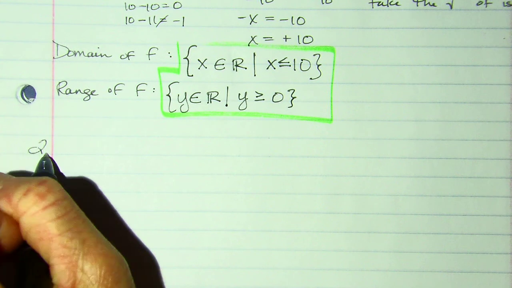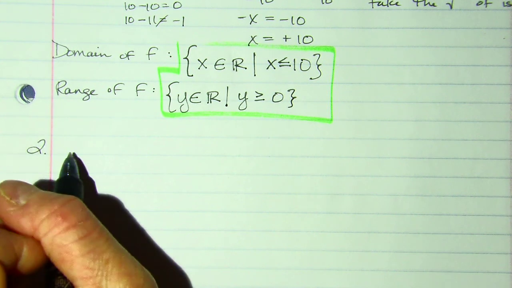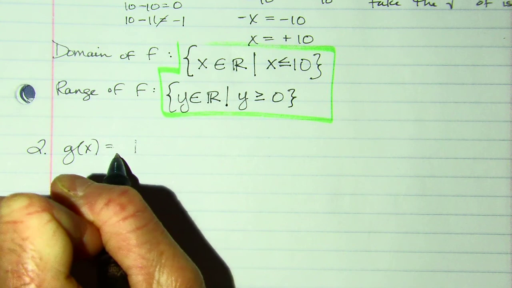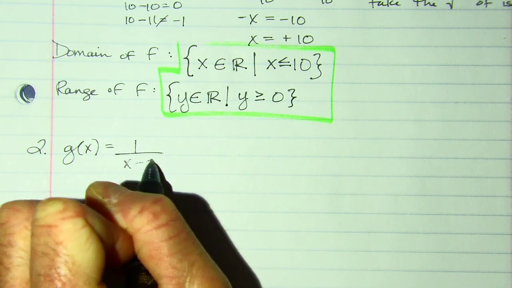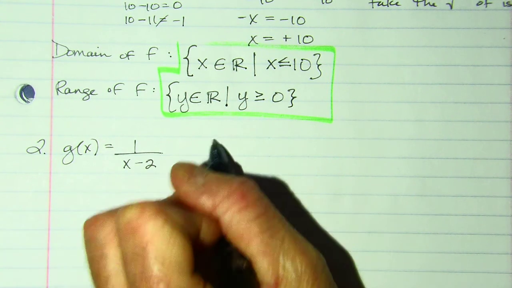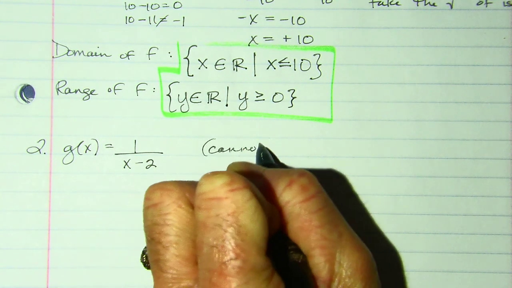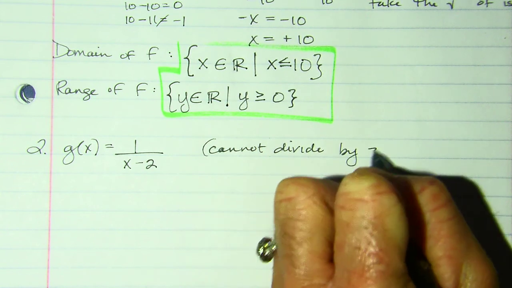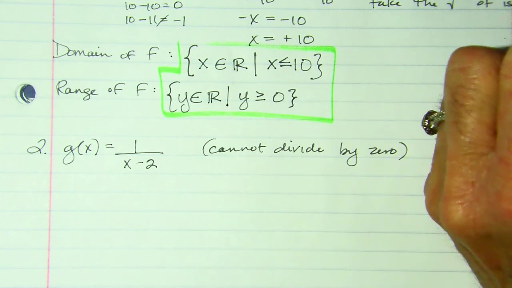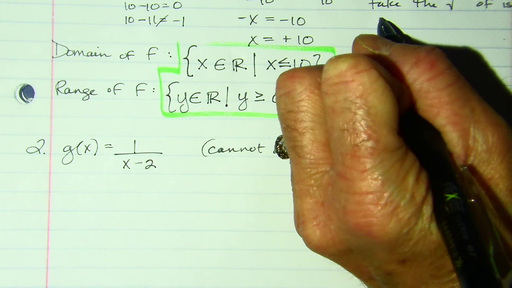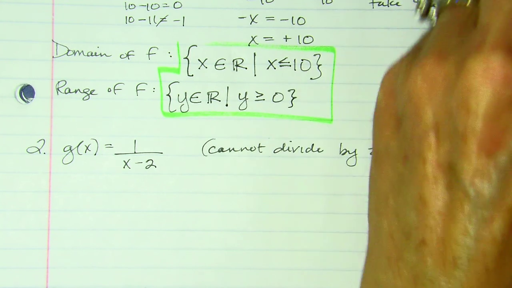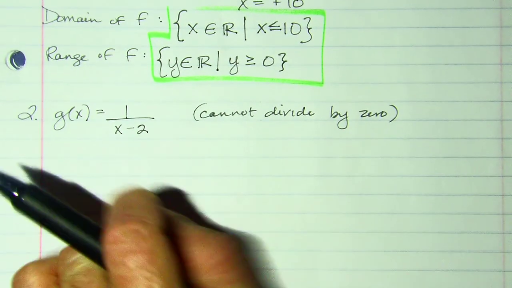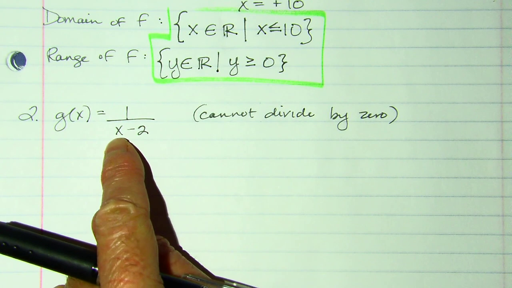Next one. What is the domain and range of g of x equals 1 over x minus 2? Now remember, I cannot divide by 0. So I have to ask myself, what would be the limit here? What number could I not plug in?